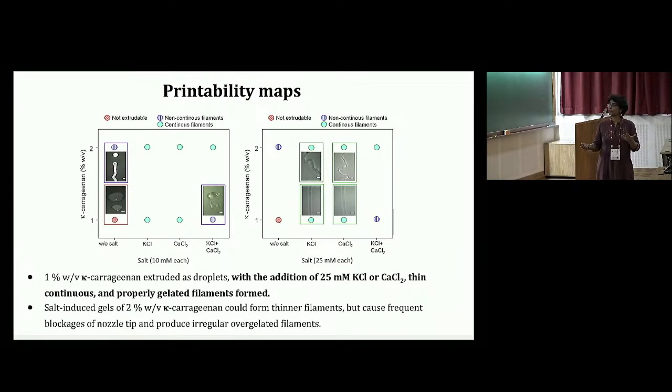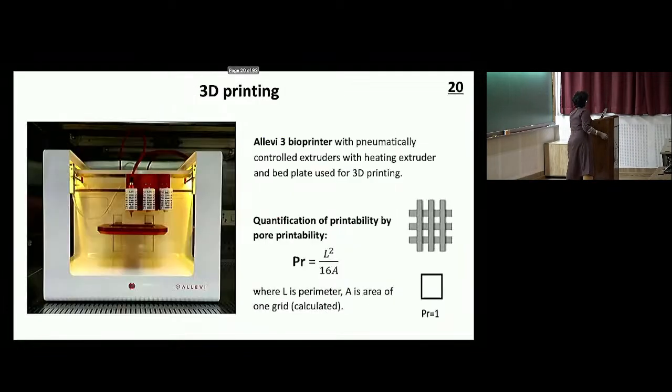So with the 2 weight %, which was a higher concentration of the kappa carrageenan, we could form thinner filaments, but frequently the nozzle will block and we'll not be able to print them repeatedly.